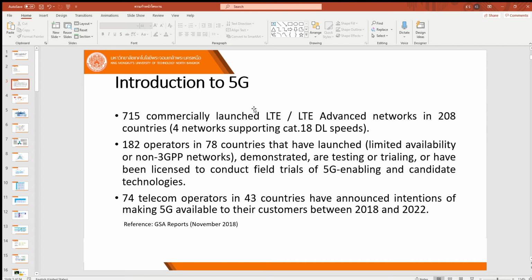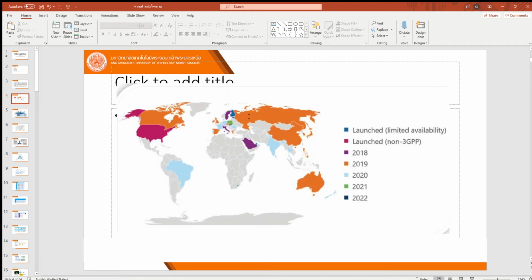And then 74 telecom operators in 43 countries have announced they will use a 5G network between 2018 and 2022. And this is the map of how 5G was launched around the world. So you can see that in 2022, there are many countries going to use 5G system.